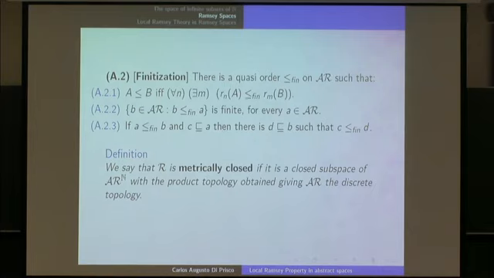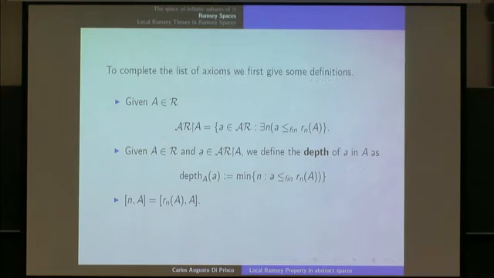There are two more axioms that I would like to consider, but first it's convenient to give some notation and definitions. Given an element A of R, the set of approximations relativized to A is the set of approximations that are obtained by taking elements of A.